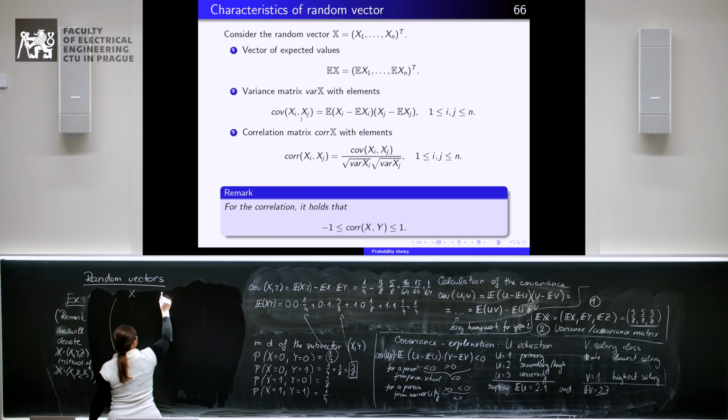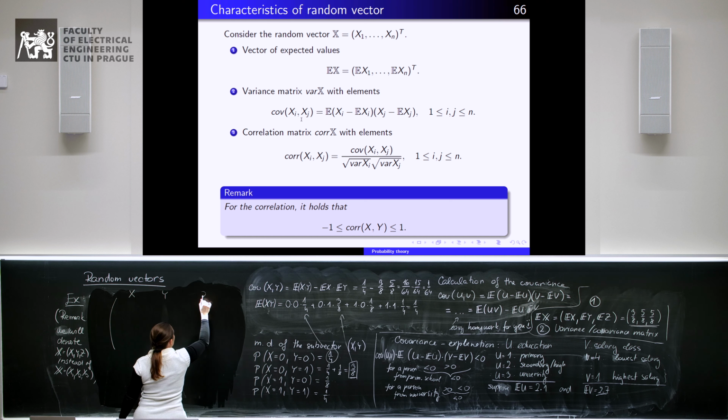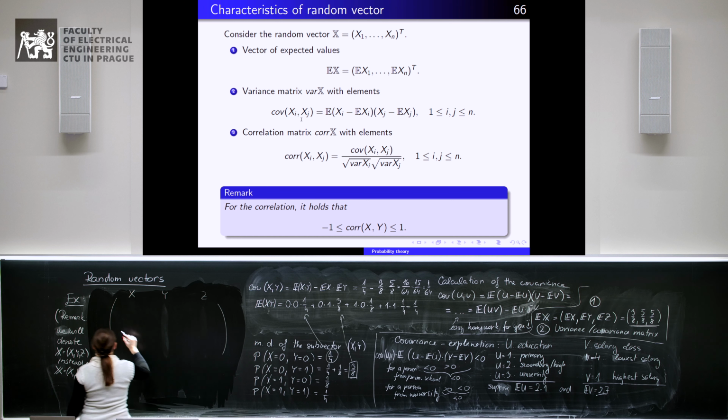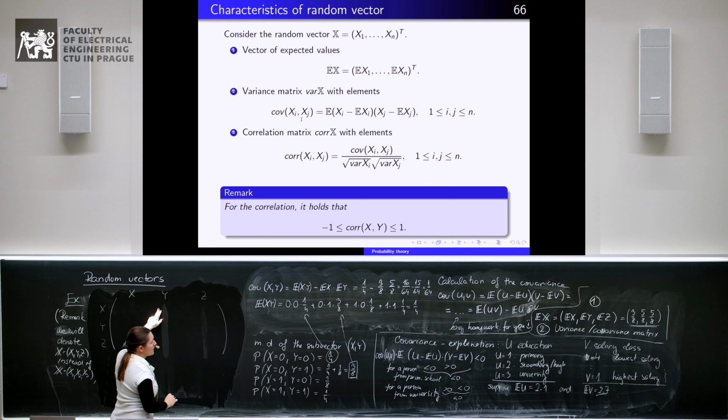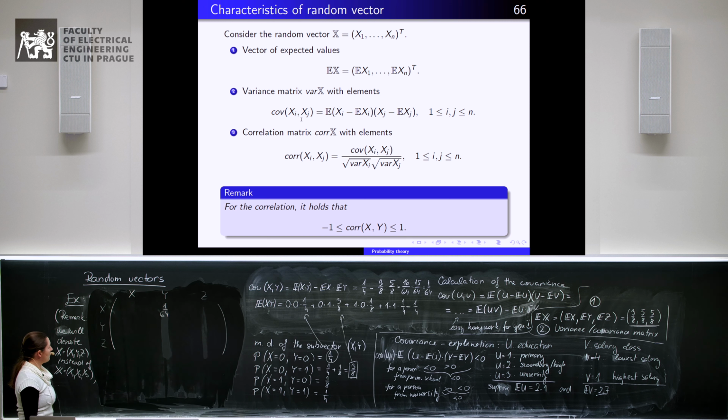Covariances of X, Y, and Z with X, Y, and Z. And the first covariance which we calculated was the covariance of X and Y. So 1 over 64 is here.